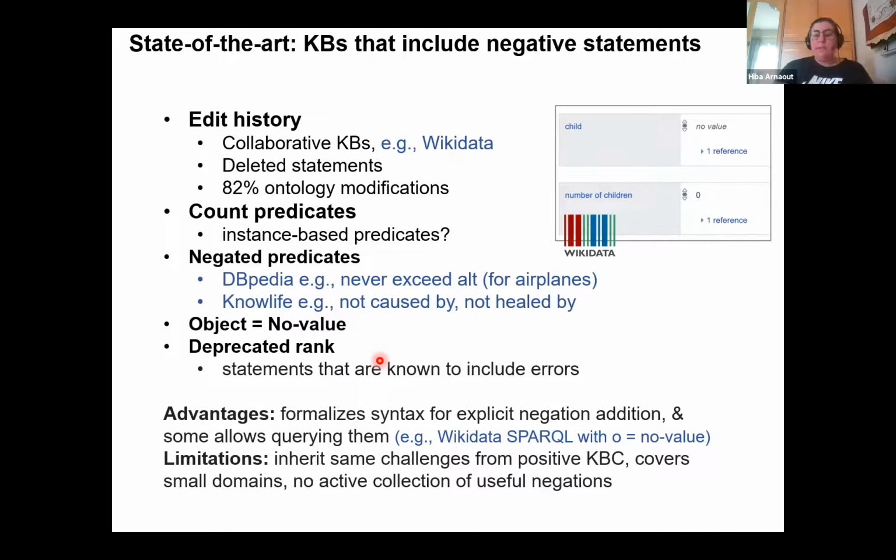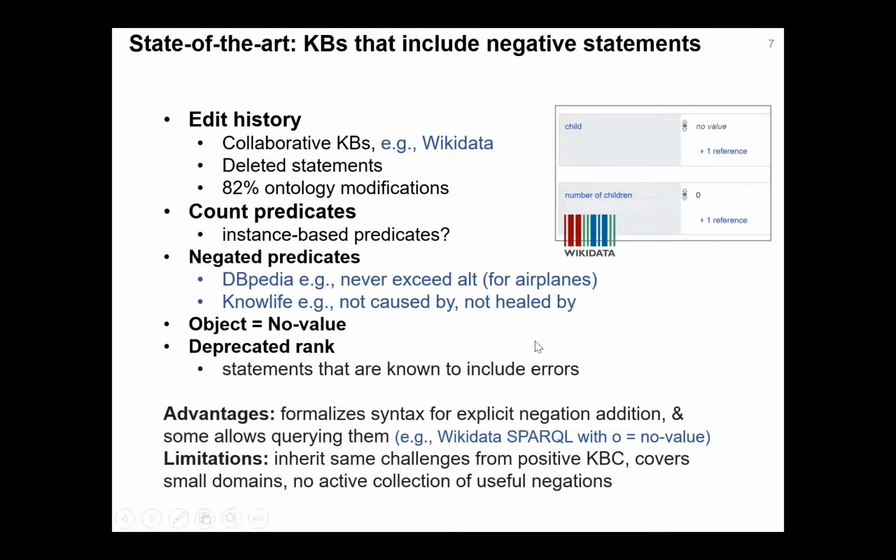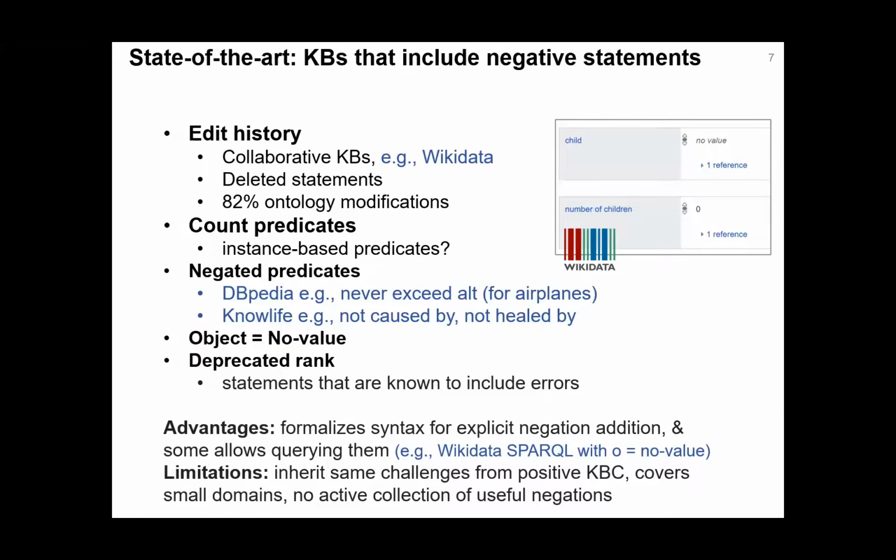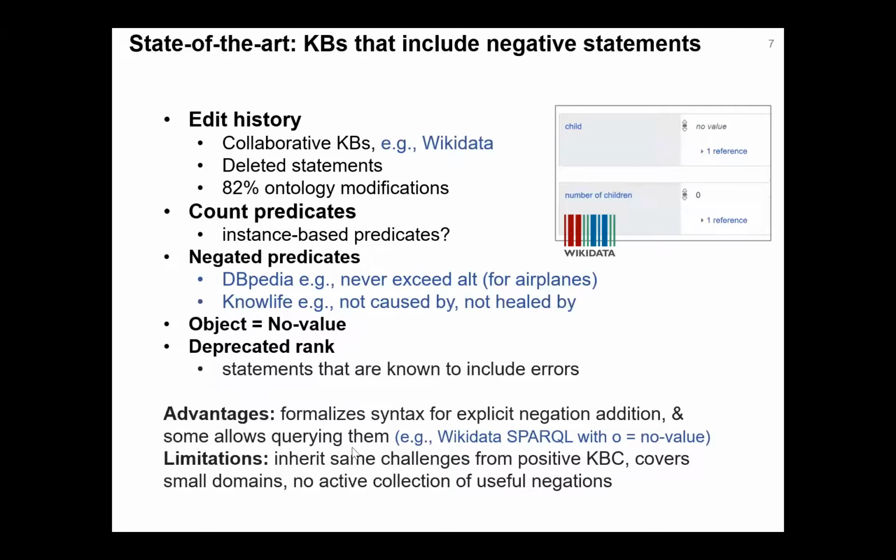So I was discussing the ways we can add negation to knowledge bases, and some knowledge bases currently allow the addition. So if you were to add them, you have a way to do that. Even some knowledge bases like Wikidata allow you to query negation using SPARQL, where you assign the object explicitly to no value.